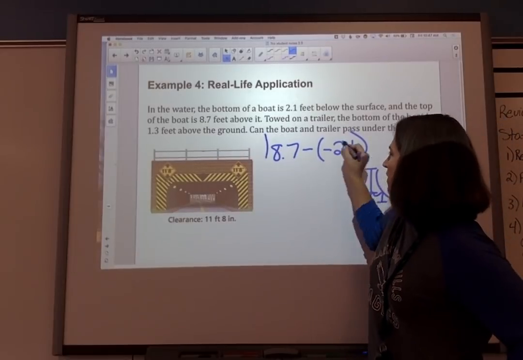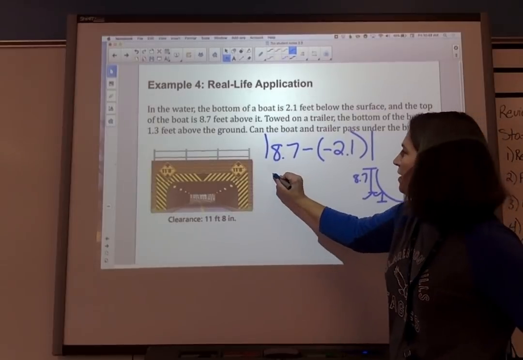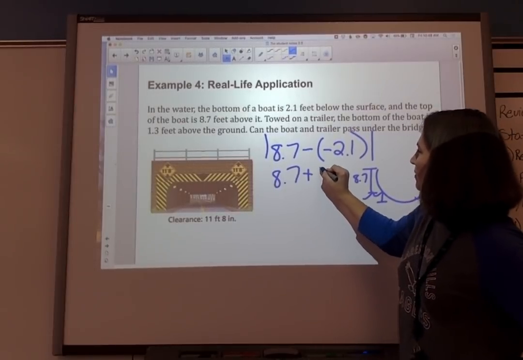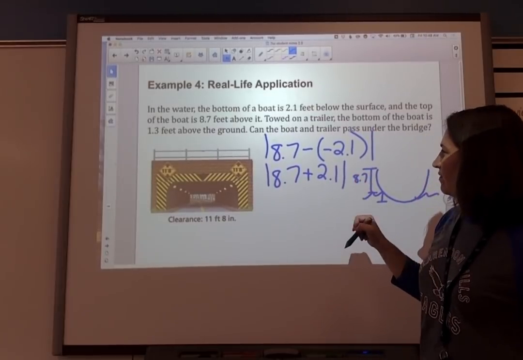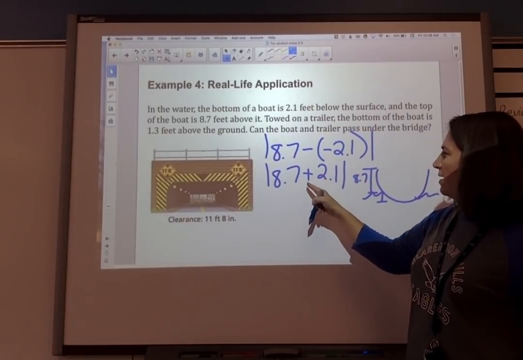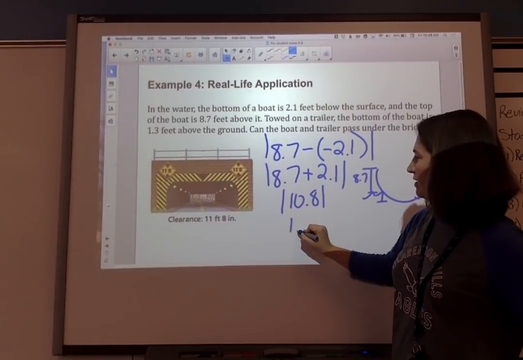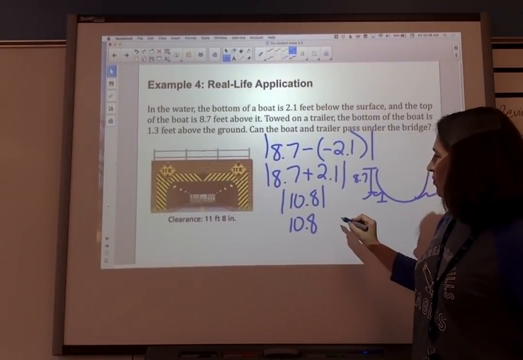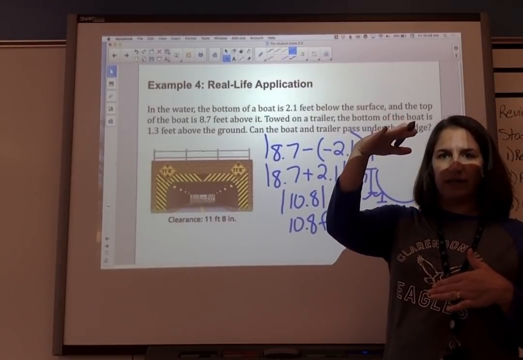And we'll take the absolute value here. Let's change this to an addition problem. 8.7 plus 2.1. We'll take the absolute value of this. So 10.8. And the absolute value of 10.8 is 10.8.